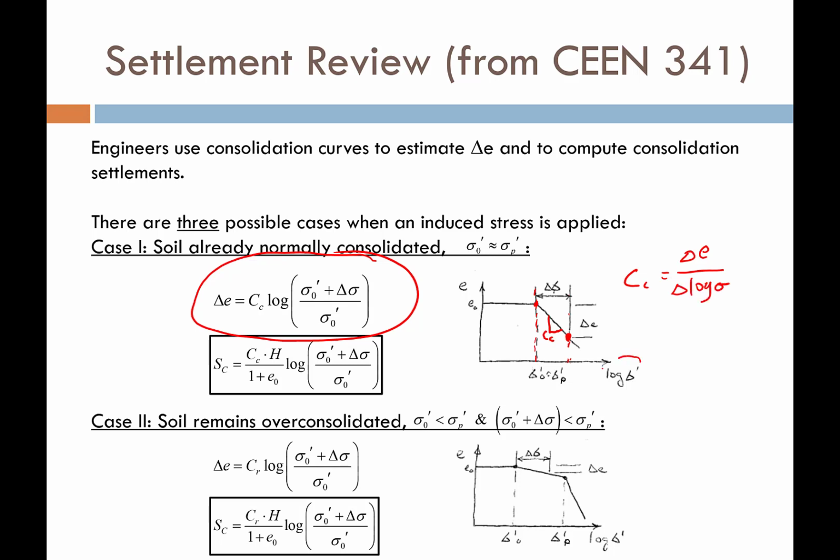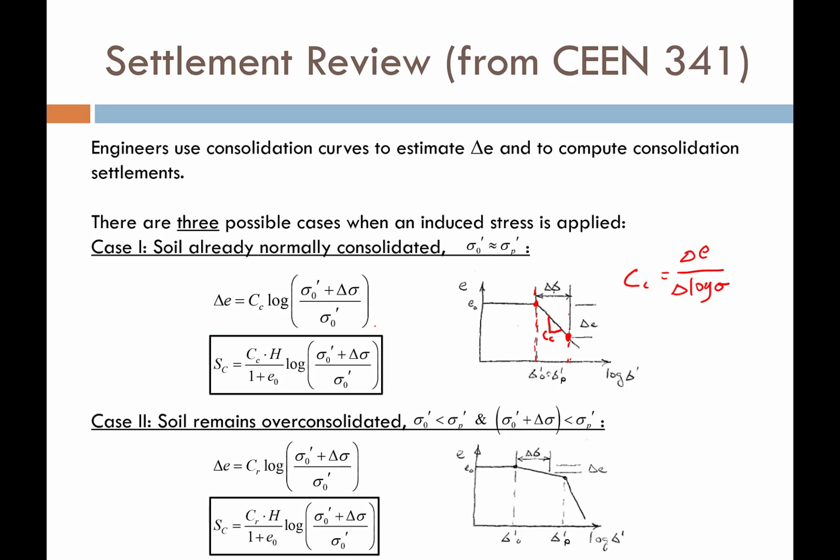So you've got to remember that your x-axis, the stress, is in log units, not in linear units. So this equation here is how we get our change in void ratio, and if I plug that into the equation we derived on the previous slide, this is how we would compute the settlement for that soil layer.